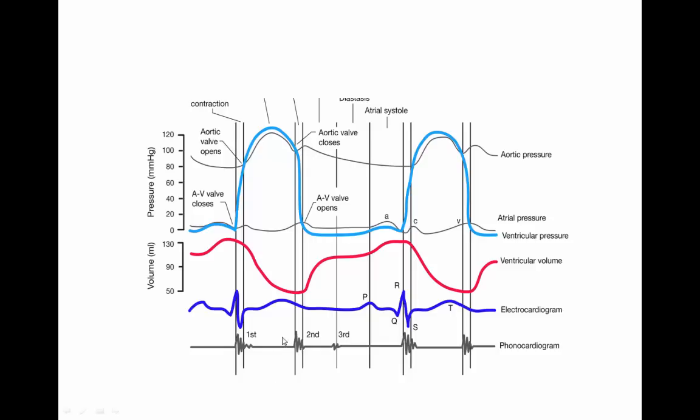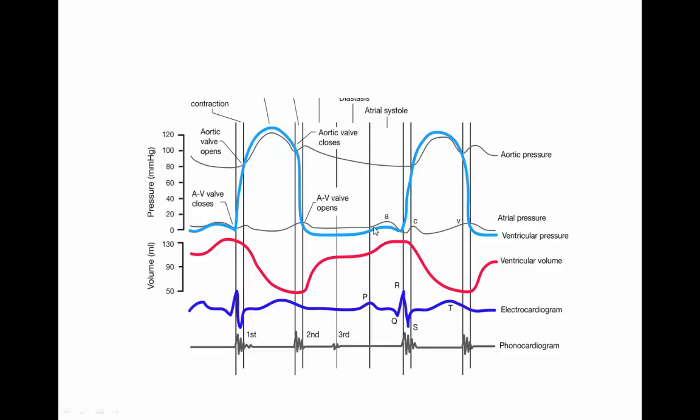So having S1 and S2 is a normal physiological sound heard in every patient, including adults and pediatric. So S1 is the closure of the AV valves, S2 is the closure of the semilunar valves. Okay, and then another cycle will start.